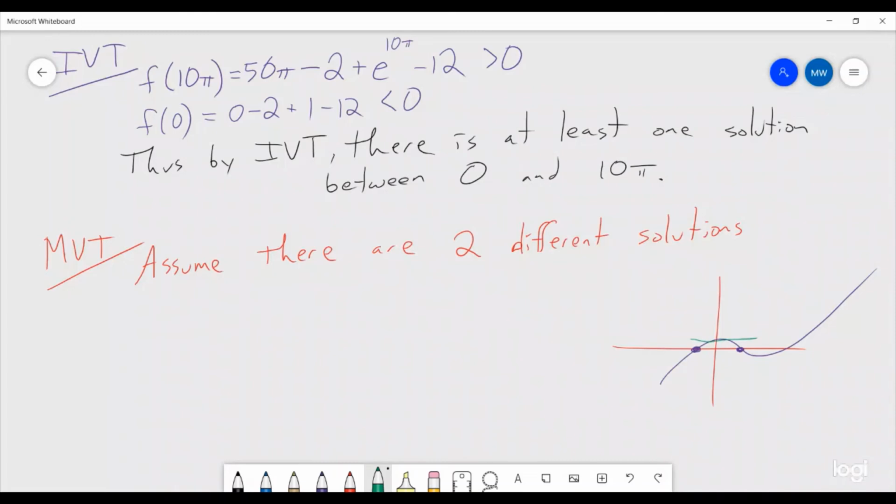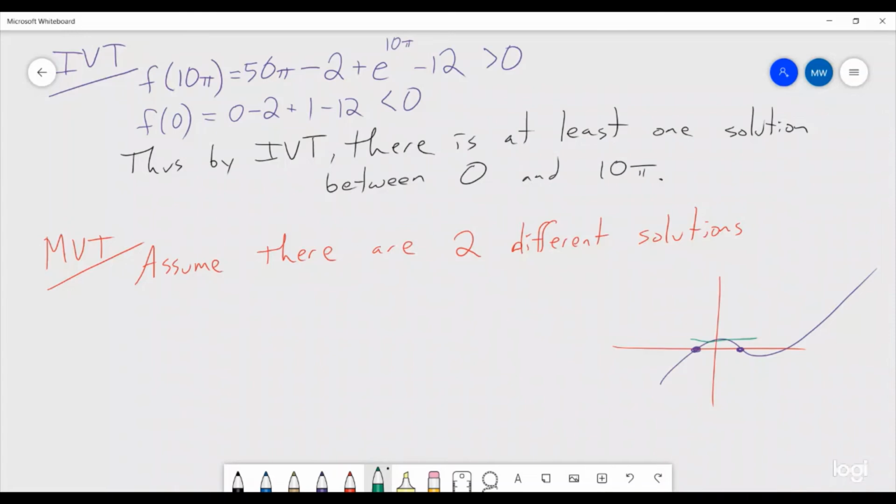So if we can say that there's two different solutions, that means that somewhere between there, if the function satisfies the mean value theorem conditions, there has to be a slope of 0. But if we can show that nowhere is there a slope of 0, that means that we can't have two different solutions. So let's go through those different pieces together a bit more formally.